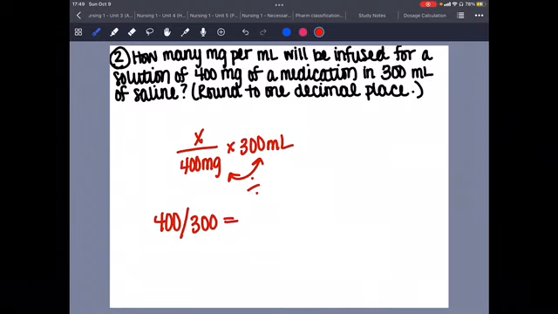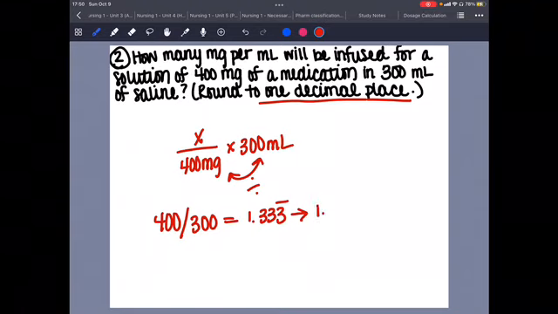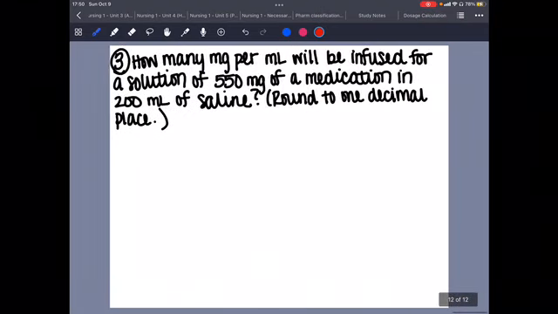So you got 400 divided by 300, and you get 1.33 repeating. So it just says round to the one decimal place. Since it's below 5, you're just going to round down. So your answer should be 1.3 milligrams. And that should be your final answer.